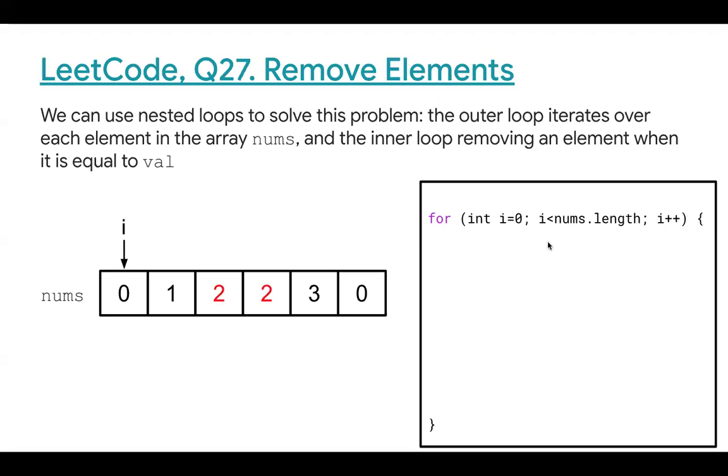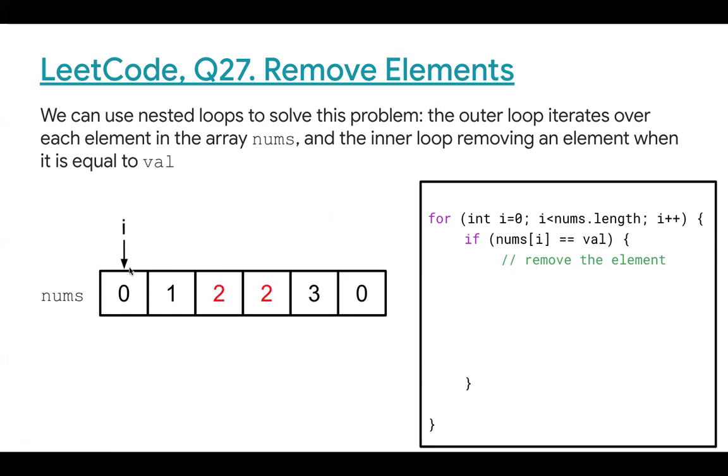And then for each element, we have to compare whether it is equal to val or not. So when it is equal to val, we need to perform the operation. So we have to remove this element. We have already learned that from our last lecture. So if we run this demo, we run the example.